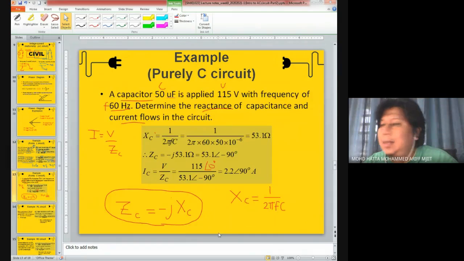For capacitor, ZC, due to capacitor, is always given by this negative JXC, where XC is slightly different from XL, where you need to find XC using this equation, 1 over 2 pi FC. And to find the current, just apply basic Ohm's law.